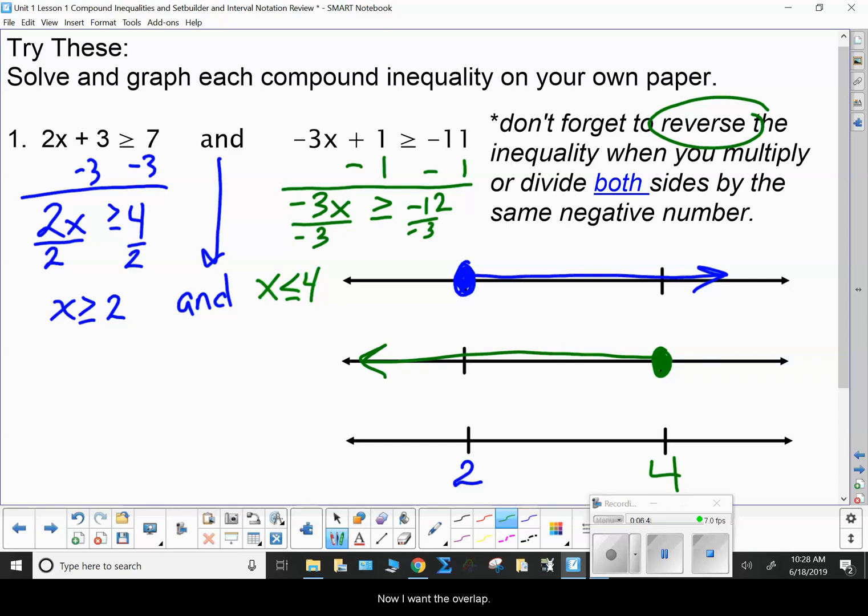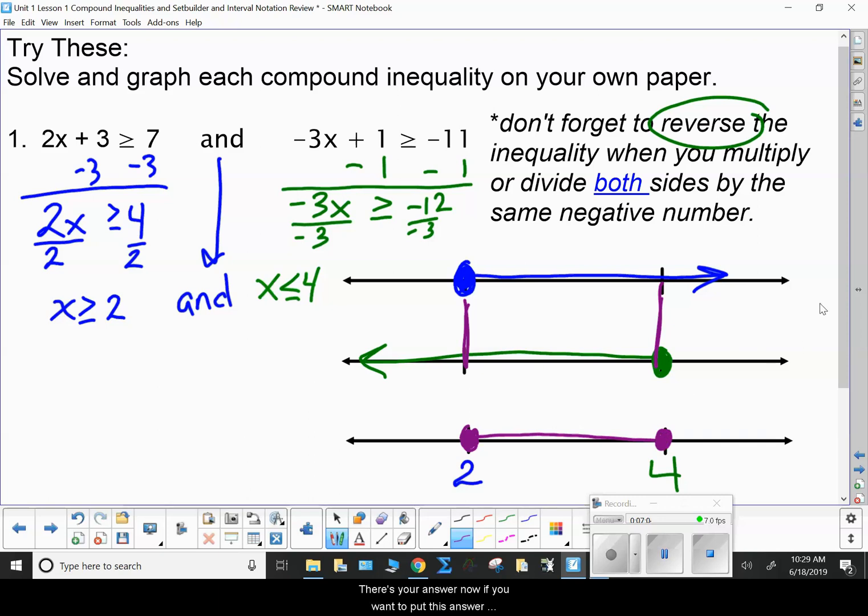Now I want the overlap. The overlap is here to here, and it's a solid point on both ends. Remember that for an and, they both have to be true, and then I can connect them. That's it. There's your answer.